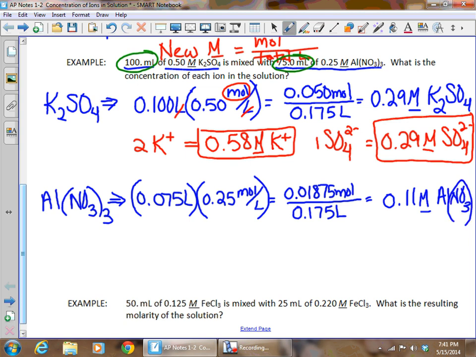Do the exact same thing you did in the previous problem. We know that we have 1 aluminum ion. Aluminum must be 3 plus since nitrates are -1. And looks like I didn't put my final 3 down there. So if I've got 1 aluminum 3 plus, that means my molarity of aluminum is still 0.11 molar.